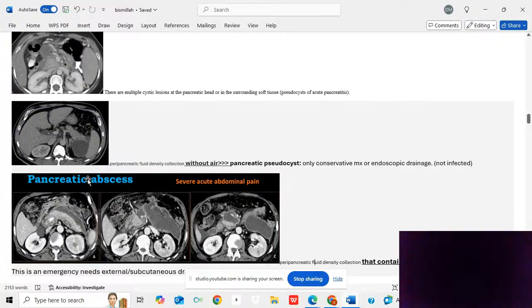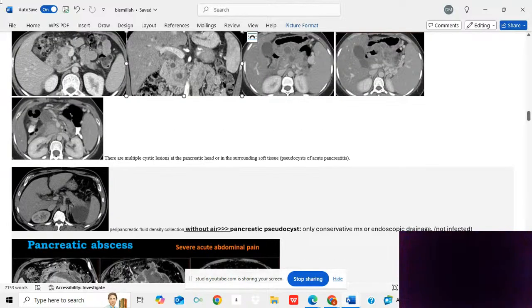So in a case of acute or chronic or autoimmune pancreatitis, you can find some peripancreatic collections that may be seen within or surrounding the pancreatic head.